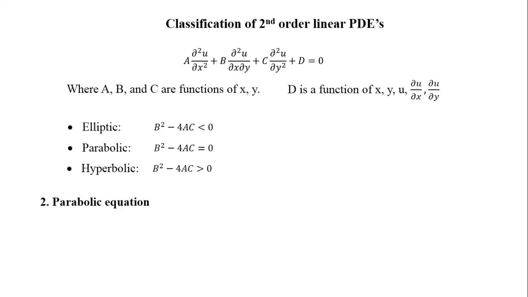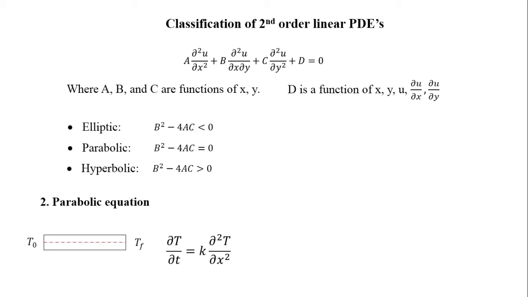Now let us consider another example, for a parabolic equation. Let's suppose we have a rod and we have maintained one end at temperature T0 and the other end at temperature Tf. Then the temperature of the rod will vary with space and time. The temperature in the rod is given by this particular form of equation.